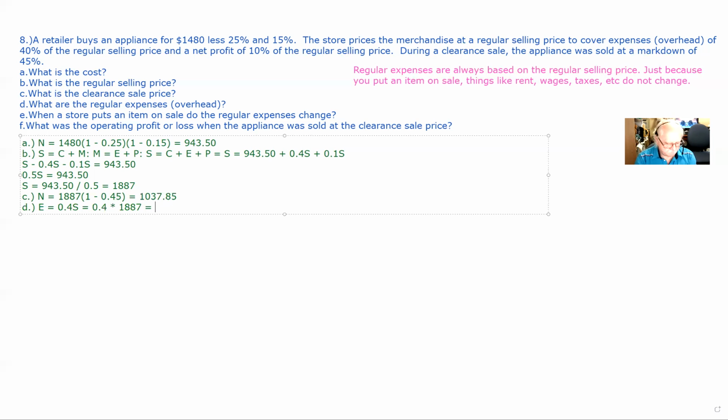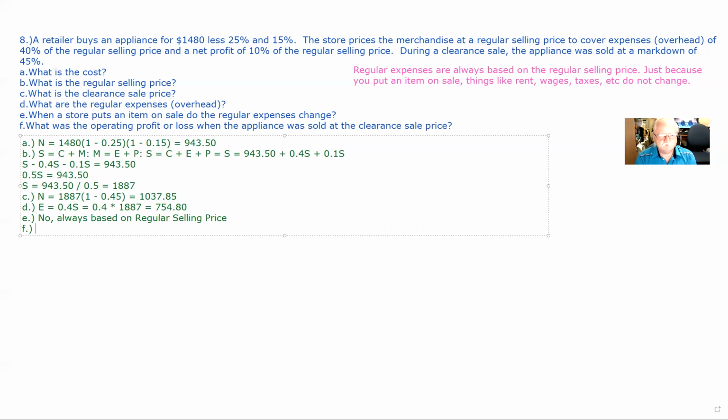Hopefully we get 754.80. Part E, we've already answered. When a store puts an item on sale, do the regular expenses change? No, comma, always based on regular selling price.